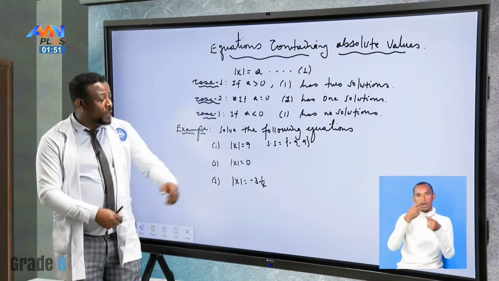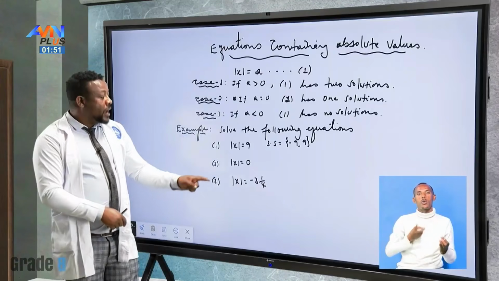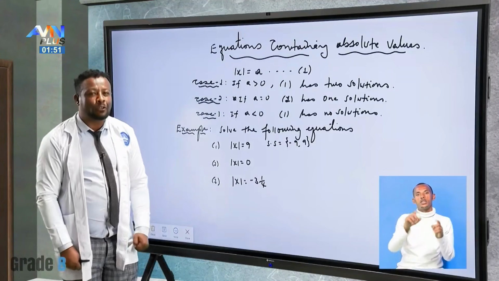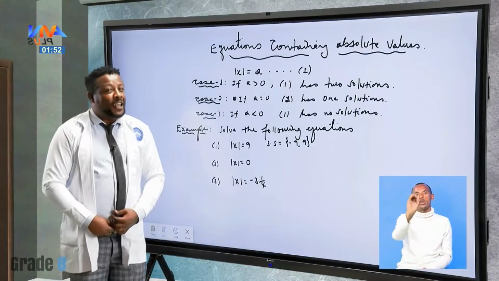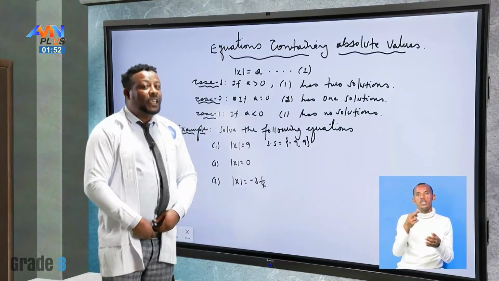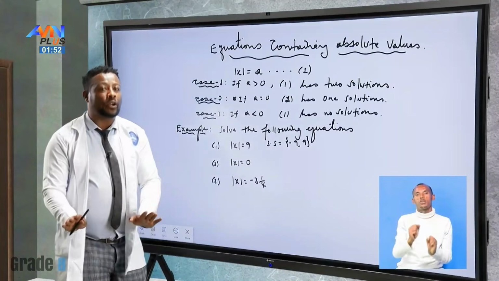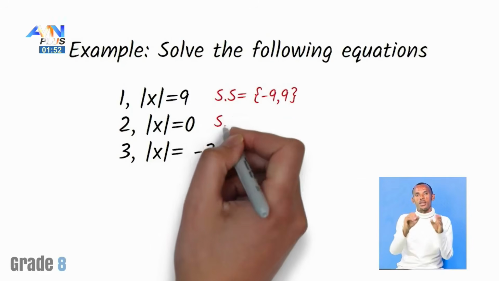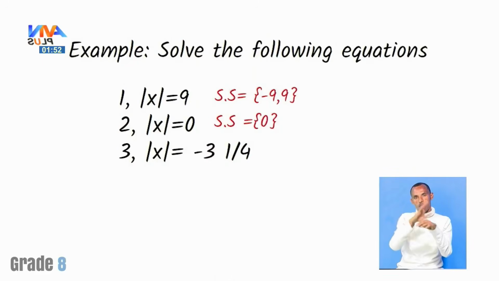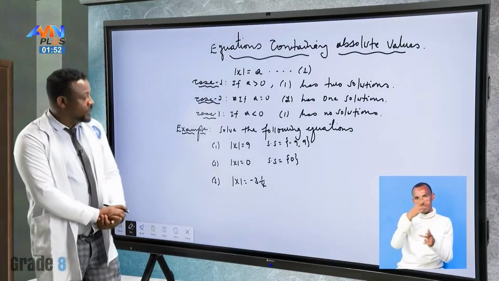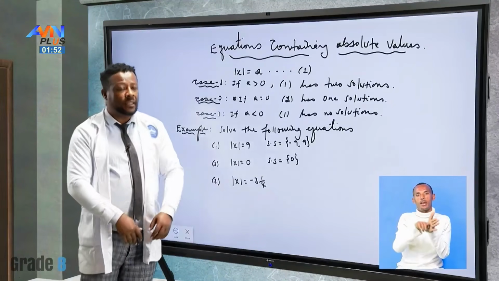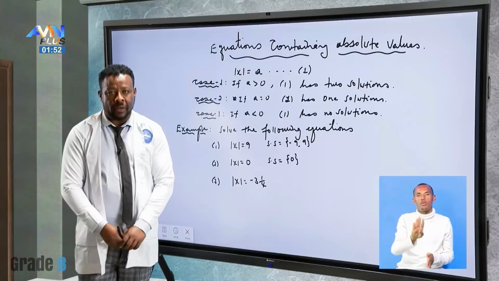When we come to the B part, we are asked to find the solution for the absolute value of x equals 0. In this case, the only x value that gives this result is 0, okay? So the solution set for the second case is only 0. In the third case, the absolute value of something is minus 3 and 1 over 4.